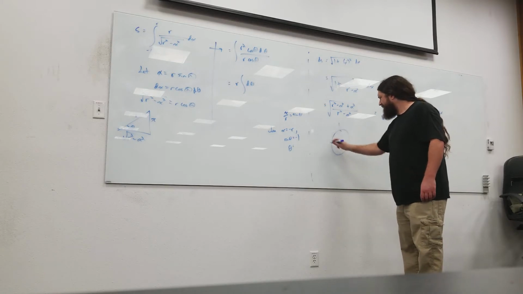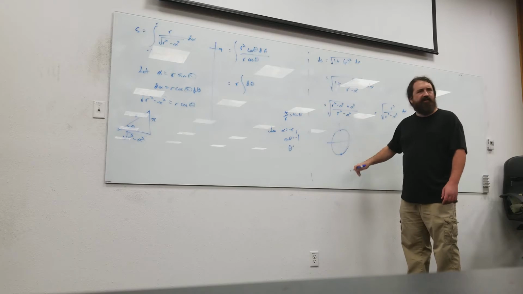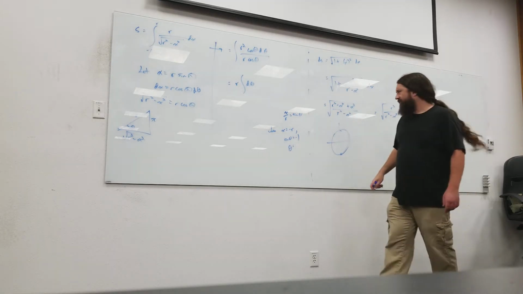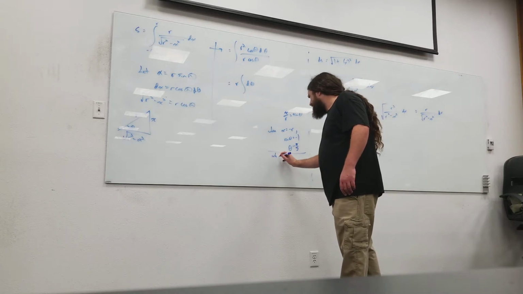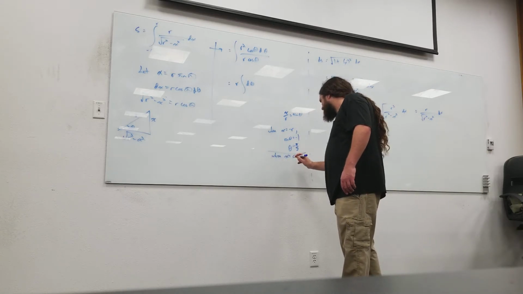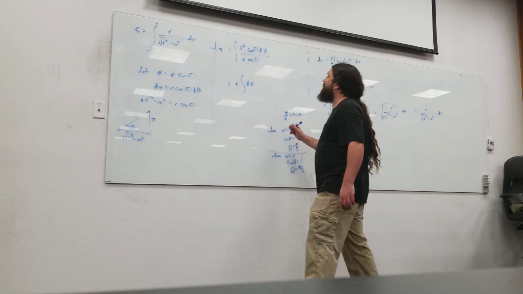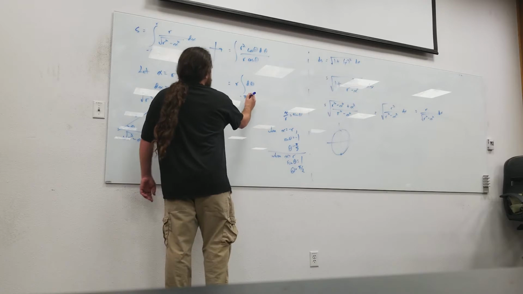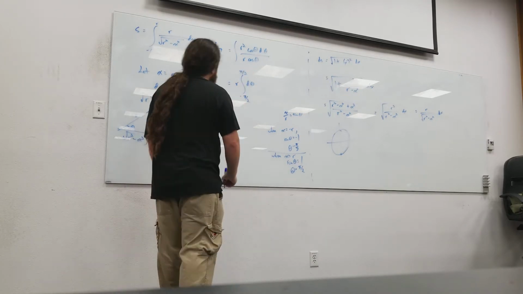Negative pi over 2, right? I'm going to go over the right-hand side of the circle, from negative pi over 2 to pi over 2. Also, when x is positive r, sine of theta is 1, so theta is pi over 2. So really all I'm integrating is d theta from negative pi over 2 to pi over 2.